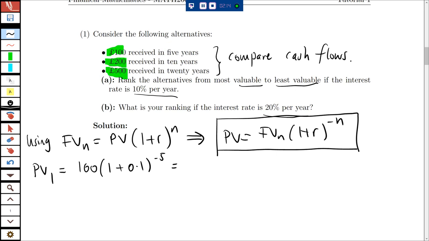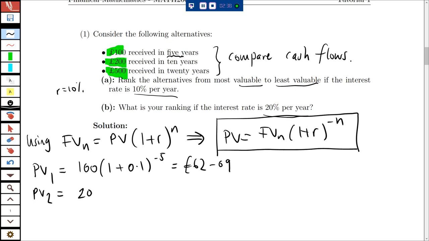So we're writing the rate here as a decimal. We always write it as a decimal. To the power minus 5, n equals 5. We have 5 years here. We get £62 and 9p. And repeat for each of the cash flows.